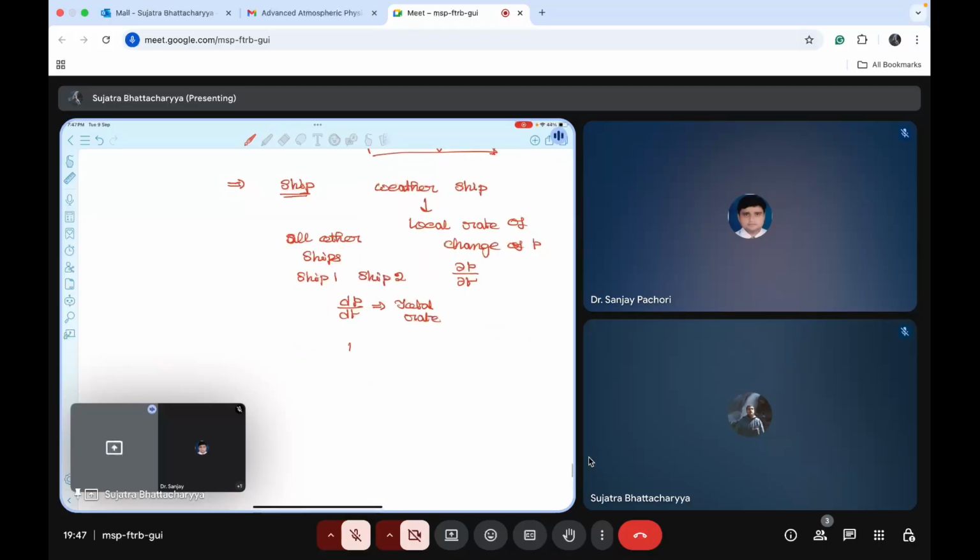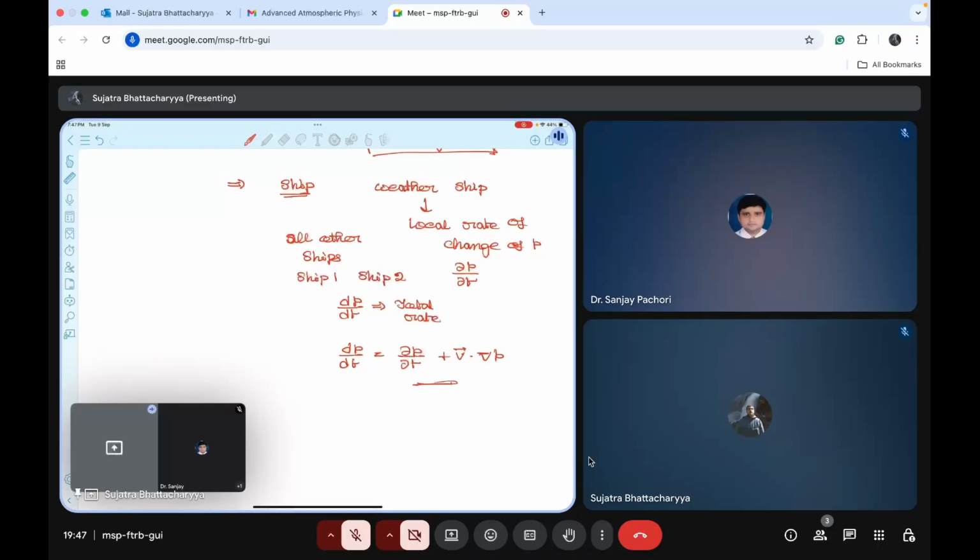It will generally use dP/dt equal to delta P by delta t plus V dot grad P. Do it for ship one, do it for ship two, and try to find out what the geostrophic wind will be.